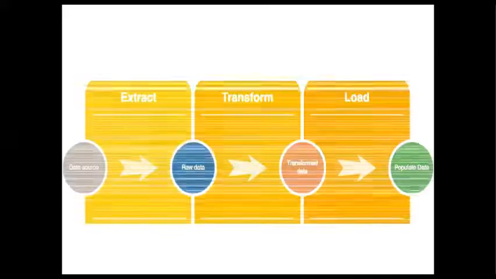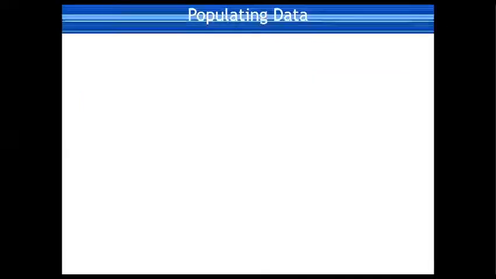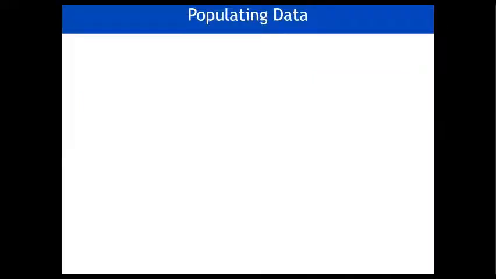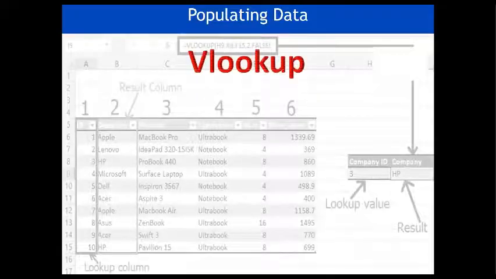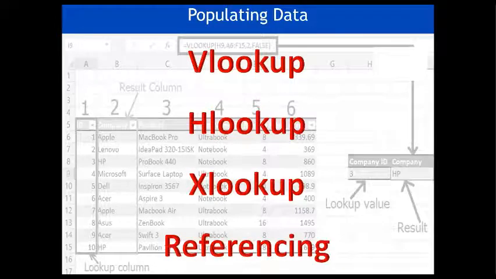In Excel, the user not only enters data manually, but populating data from one table or array to another table or array is very common. And to populate data, we use functions like VLOOKUP, HLOOKUP, XLOOKUP, and referencing.